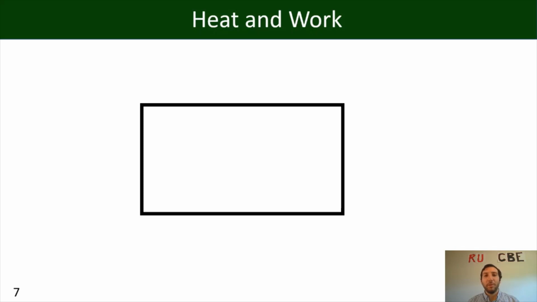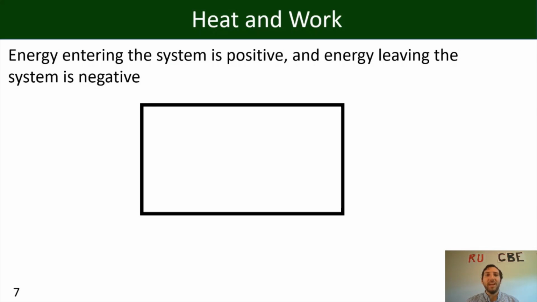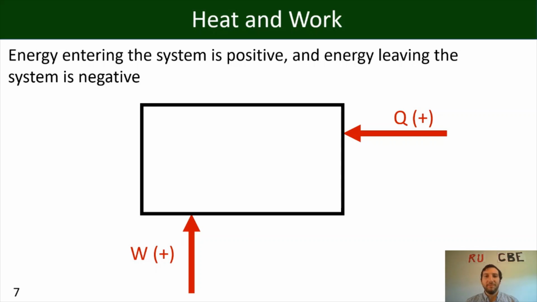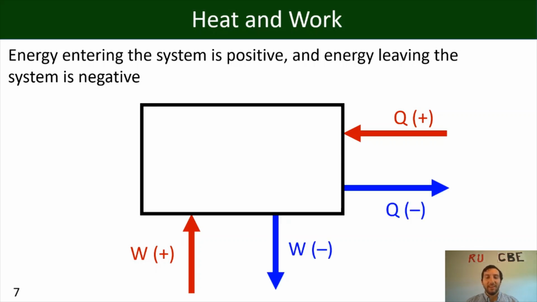They say that energy going in is positive or energy coming out is positive. It kind of depends on who you deal with. For us, what I wanted to make sure is that we're on the same page, and we're going to say that any energy entering our system is going to be positive and energy leaving our system is negative. So in this case, for your Q and W and your heat and work, if you have energy coming in, it's positive. If you have energy coming out, it's negative.